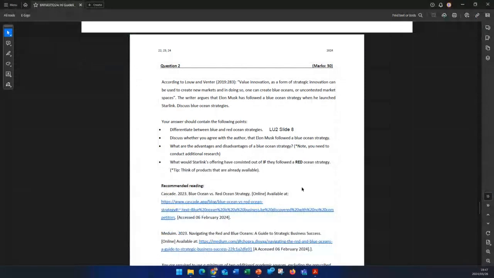What would happen if they followed a red ocean strategy? The reality is, what did Mr. Price do? They sorted out their supply chain and suppliers that were cheap. They made sure that their marketing targeted people who were cost conscious. They set up shops in malls that had high foot traffic.